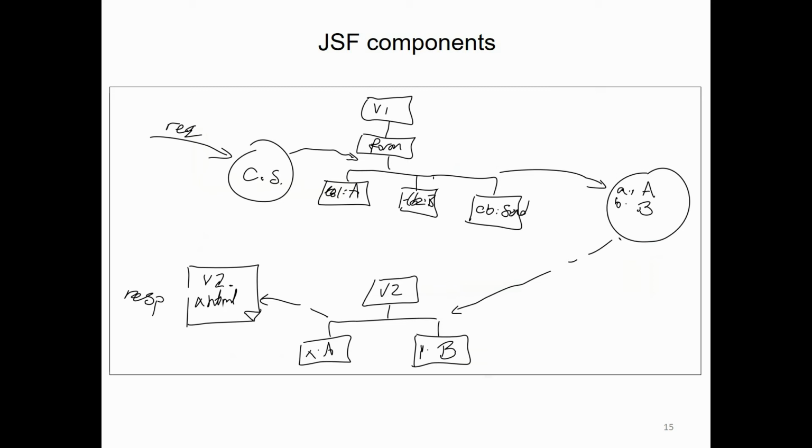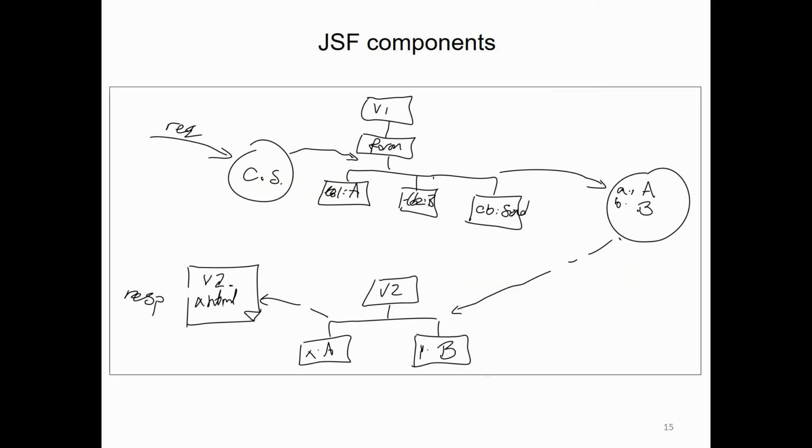So let's assume that the user typed A in the first text box, B in the second text box, and that the command button has got the label send. So you can see on this diagram that the control servlet will have built this component tree and populated those elements with the values that have come in from the client via the request.